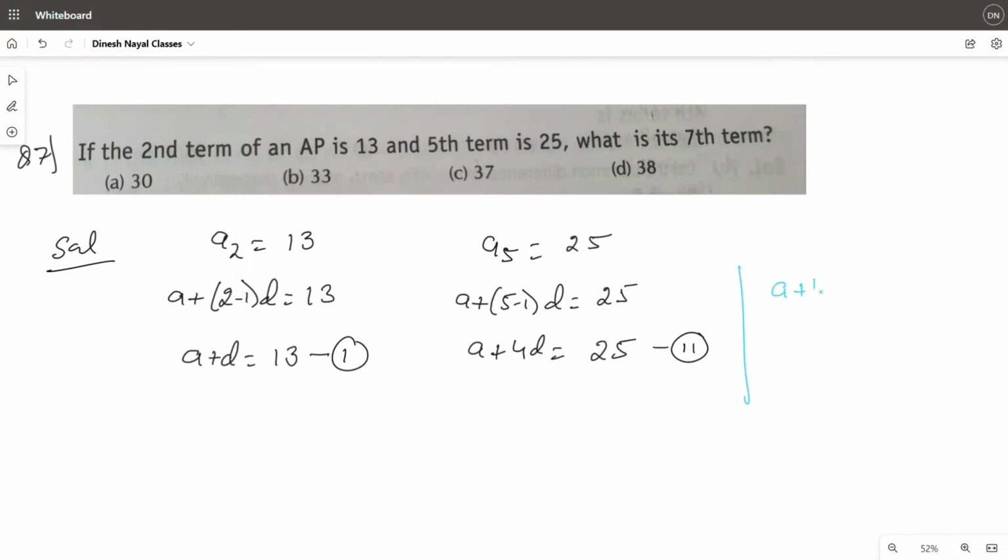The second equation is A plus 4D equals 25, and the first one is A plus D equals 13. Simply we do the subtraction. A will be eliminated, so A and A will get cancelled. 4D minus D is 3D equals 25 minus 13, that is 12.